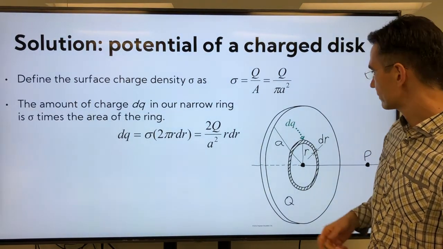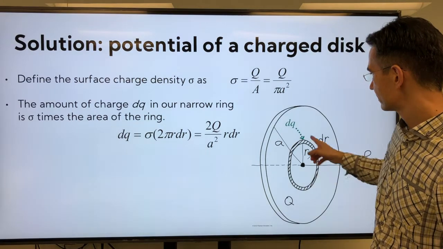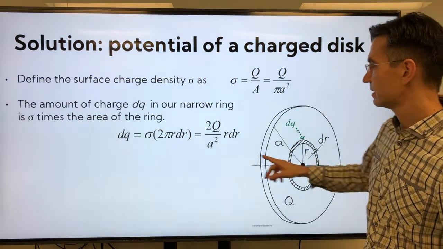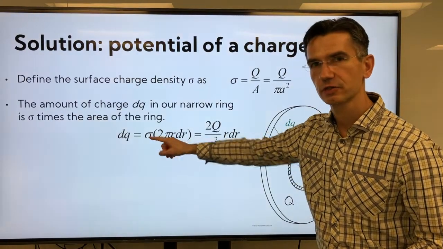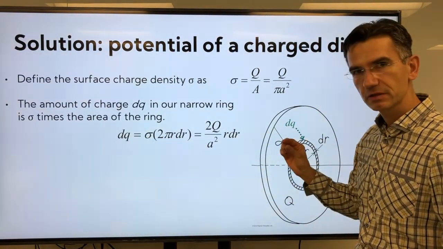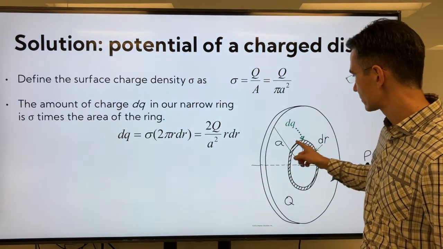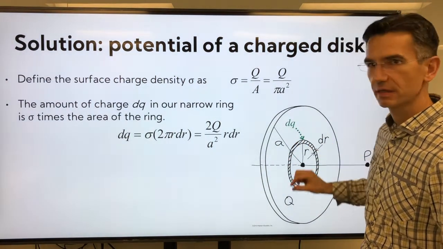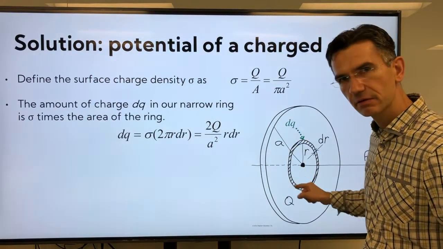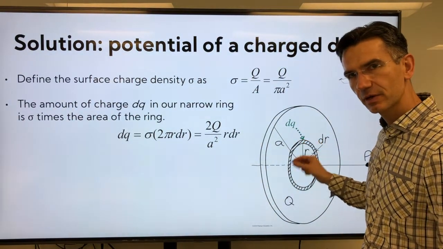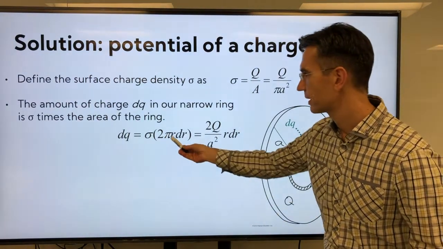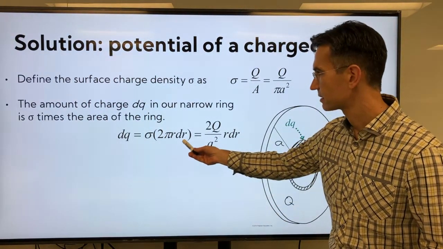Then the amount of charge in a narrow ring, dq, is the surface charge density times the area of the ring. Because the ring is very narrow, its area is its circumference times its thickness. That is a key expression to remember. So the area is 2 pi r, the circumference, times dr, the thickness of the ring.